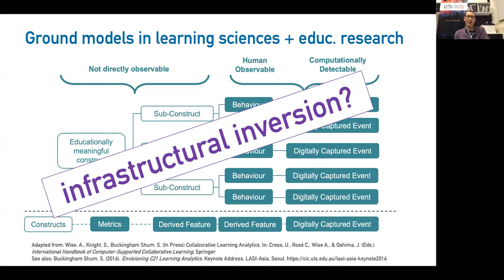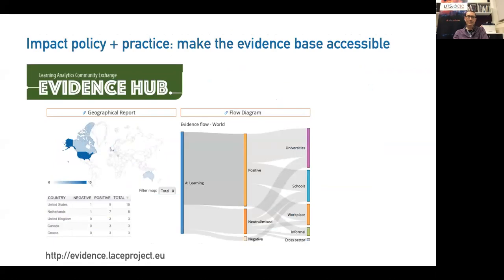It's like we've picked up the dashboard, which would be on the left-hand side, and we're looking at the roots. We're looking at the infrastructure and the plumbing and the assumptions that have been made underpinning that. Okay, there's a lot more that can be said about that, and I'll give you a few pointers to that later on. We need to make our evidence base accessible.